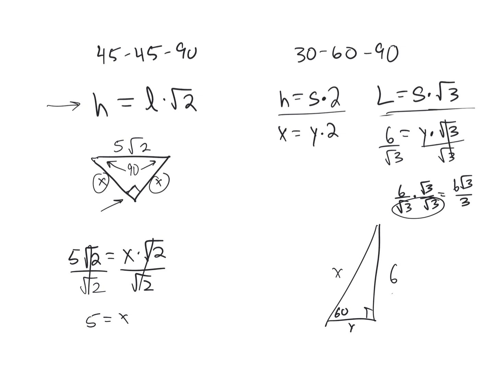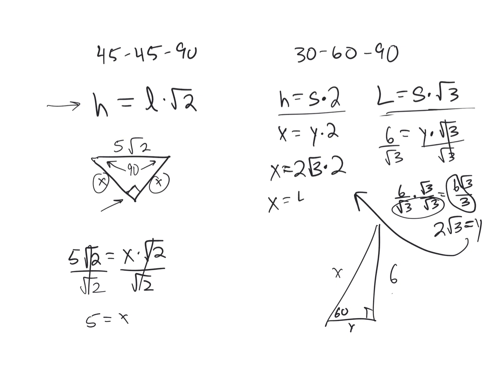And if you can reduce the outside numbers, you do that. So this answer is 2 square root of 3. That's what y is. Now we can plug that into the other equation and get x. So x equals 2 square root of 3 times 2, so x is 4 square root of 3. Those are your two answers.